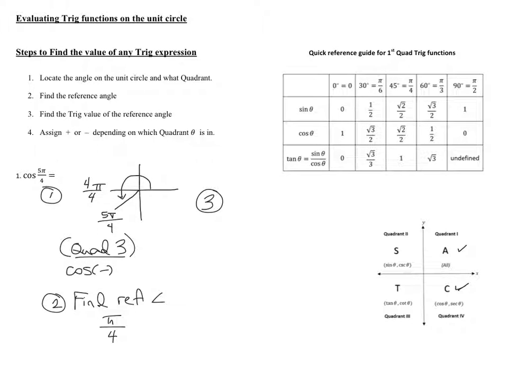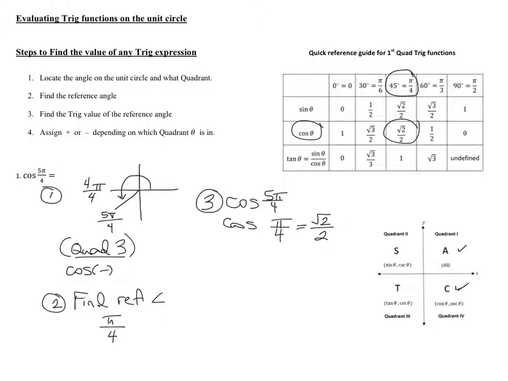We're looking for the cosine of 5 pi over 4, right? So what we can do is find the cosine of pi over 4, and we can refer to our chart up here, the cosine of pi over 4 right here, and that gives us square root of 2 over 2. So that's my numerical value.